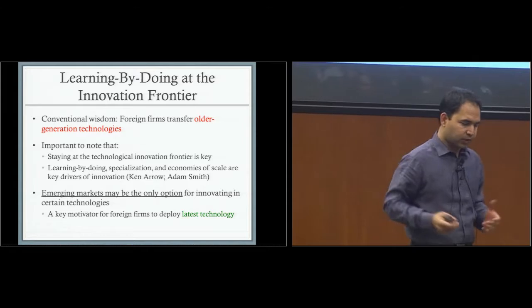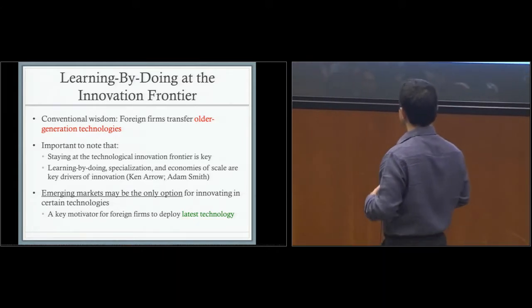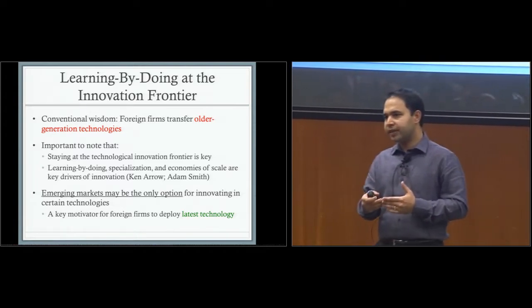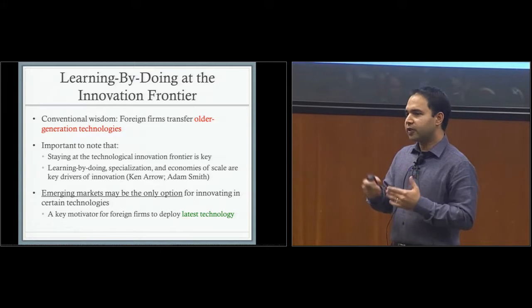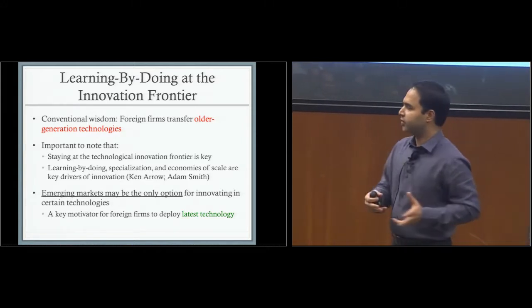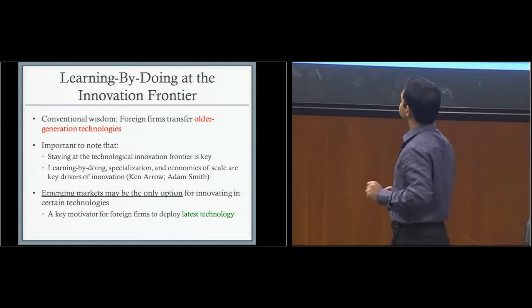That's what most of the literature says. What we found is a little different, and one really has to understand what is happening in the market, and for certain technologies, what the markets are in other parts of the world, in developed countries themselves, for example. Two key theoretical underpinnings are important to understand that.